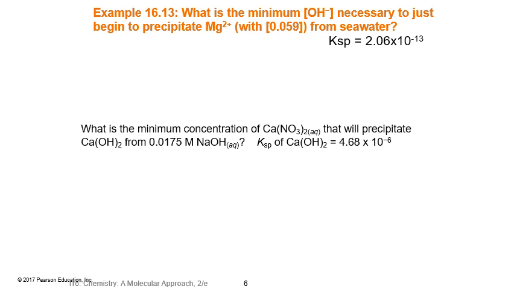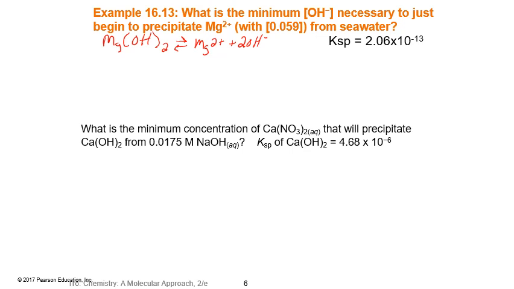Well, we are going to look at our precipitation reaction. And we are going to look at when Q is equal to KSP, because any point above that is going to be where our precipitate forms.